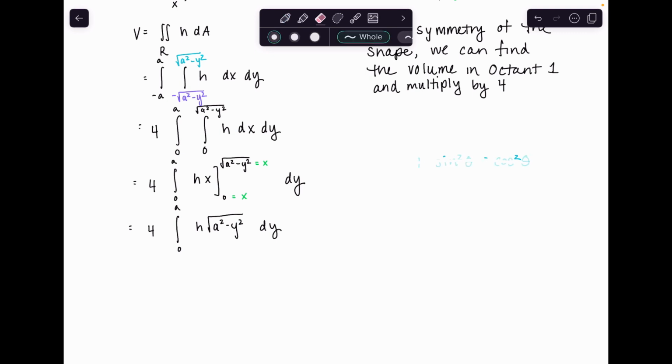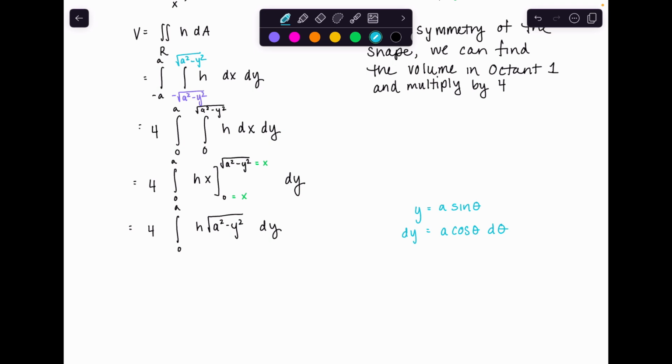So specifically, the substitution I want to make is because this is a squared, we're going to let y equal a sine theta. And by doing so, dy is going to be a cosine of theta d theta.